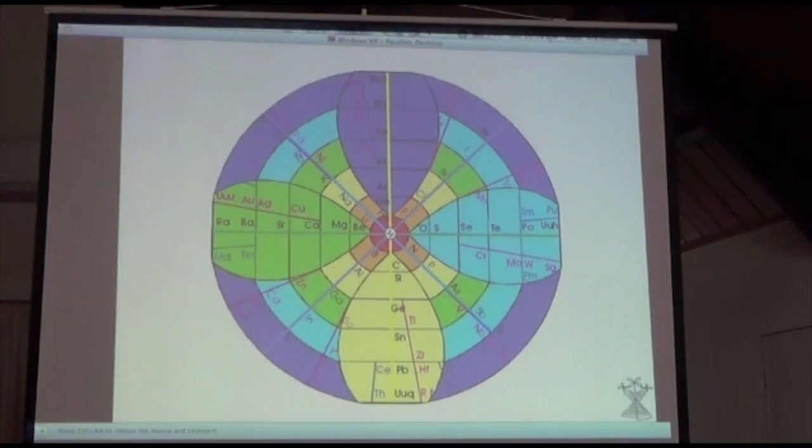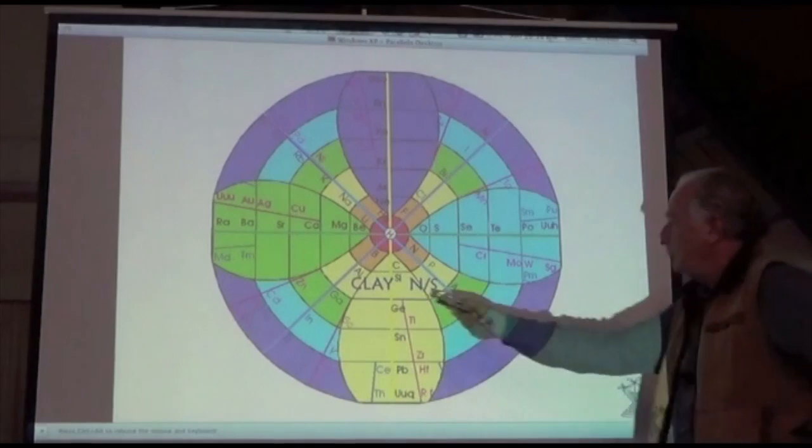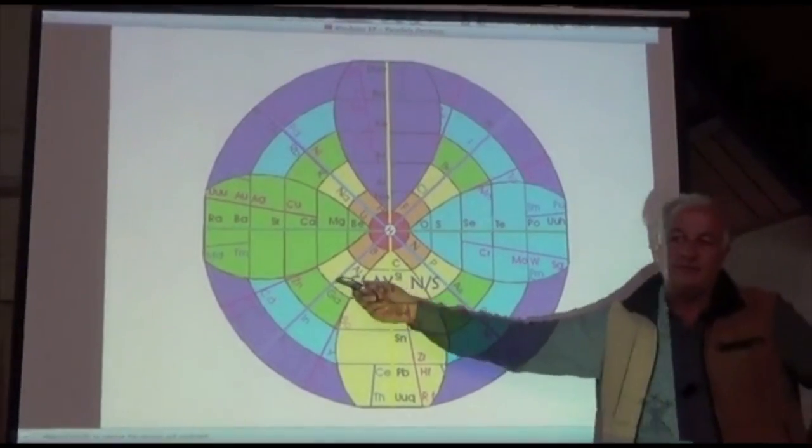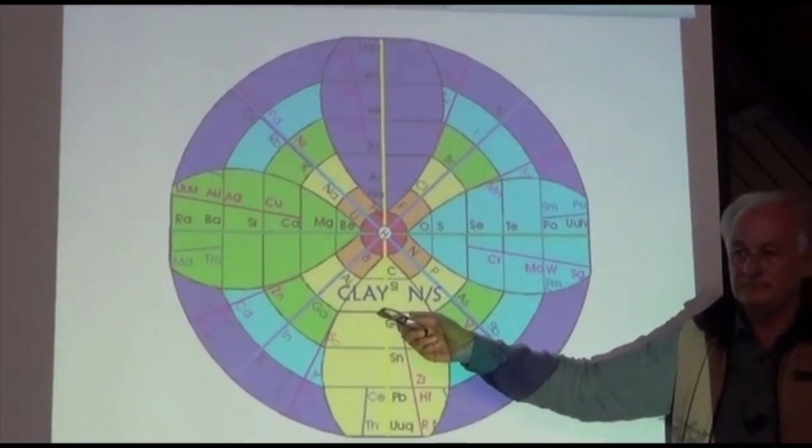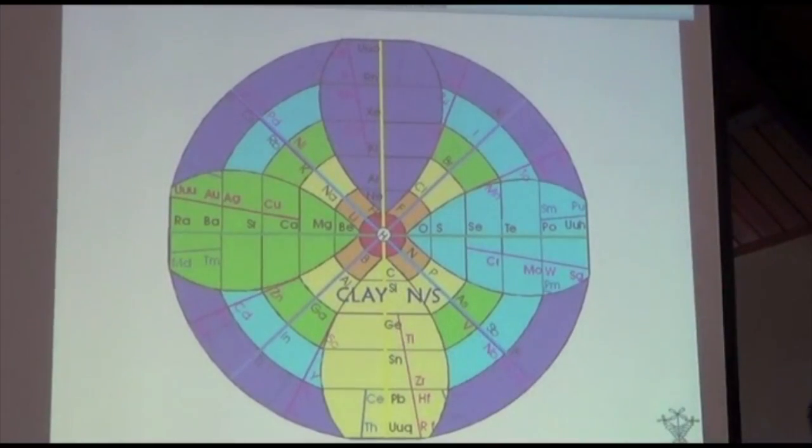What's going on here? Because when we look at this process, we've got aluminium silicate sitting here, which is clay. Okay? And just above it, we've got boron, carbon, nitrogen, and of course in the middle, hydrogen.